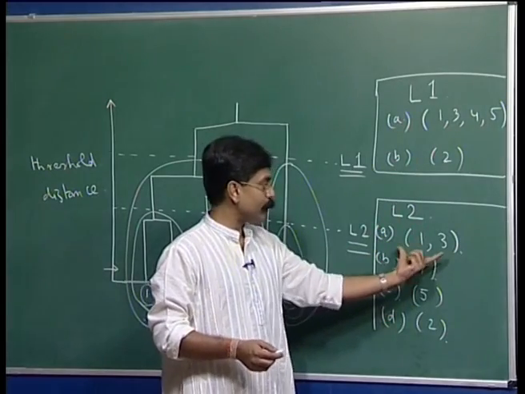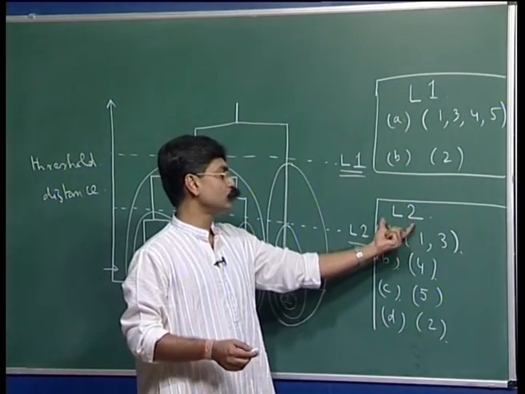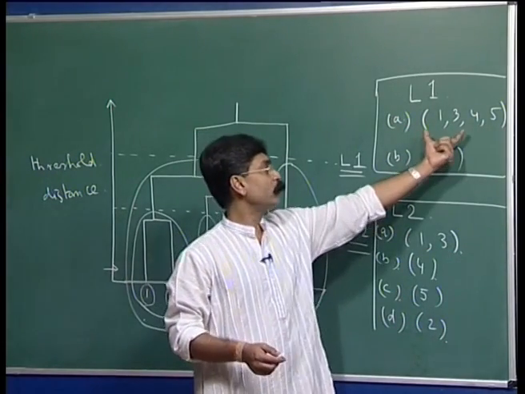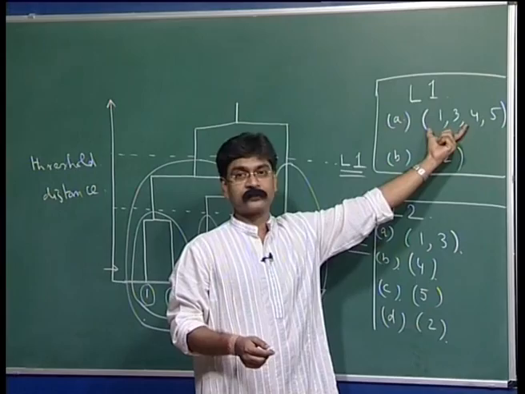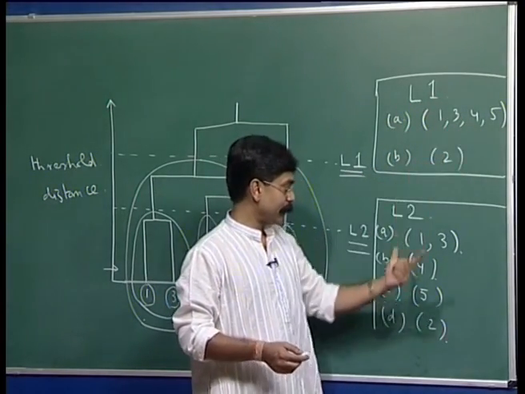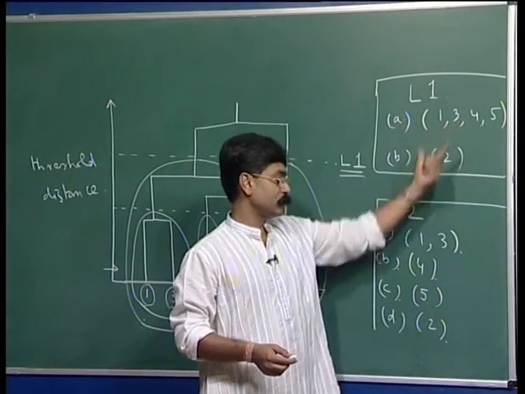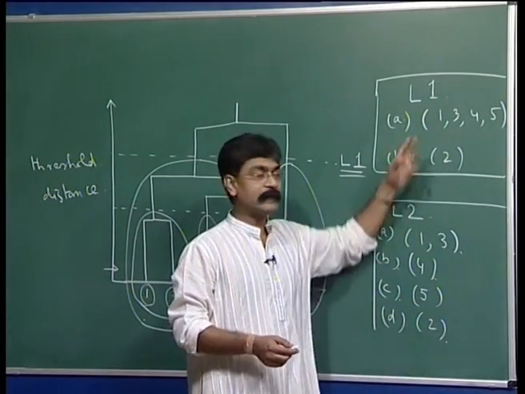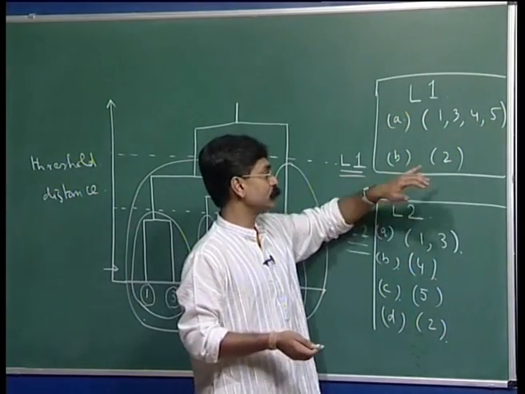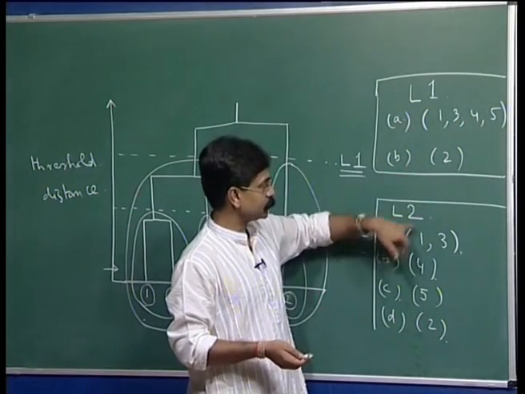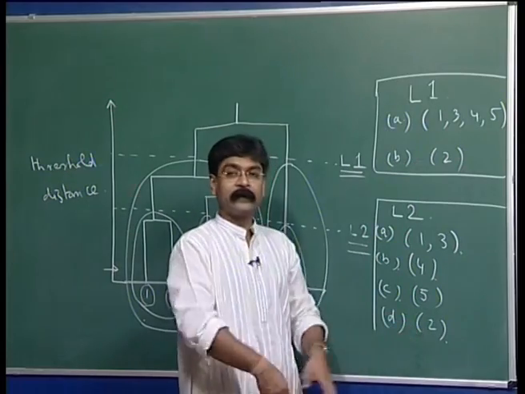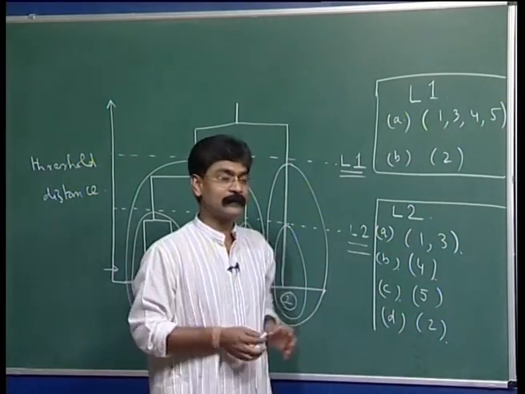Because if you just look at the 1,3 cluster which is from L2, you will see that this 1,3 cluster is a proper subset of this particular cluster that is coming from L1. Now, if you choose two clusters, say this and this cluster here, you will see that the two are disjoint. So, either they are going to be disjoint, or one would be completely contained in the other. If you look at this cluster and this cluster, they are going to be disjoint because we are looking at two different clusters, or if you look at this and this, they are identically the same. So, the two sets are exactly equal.